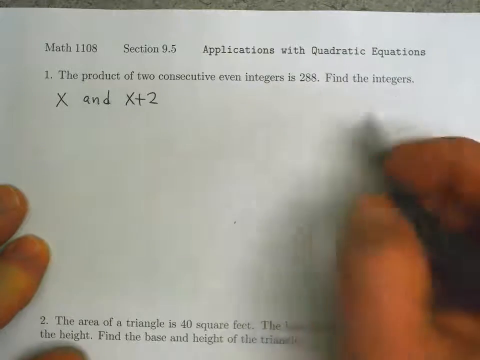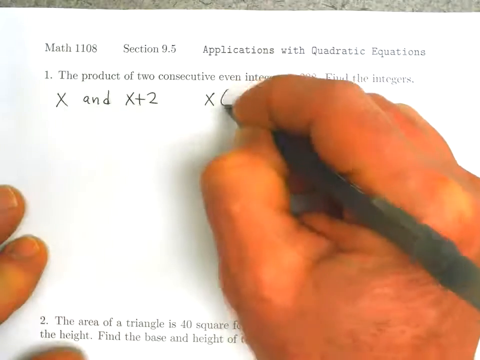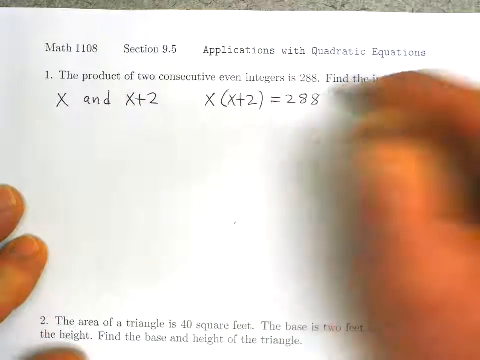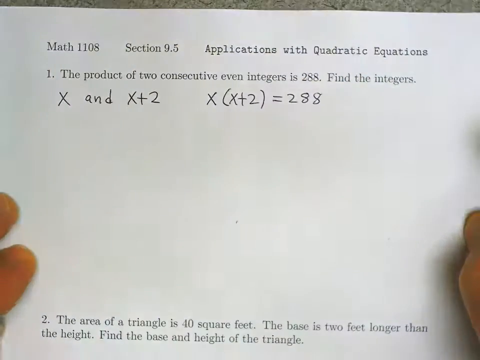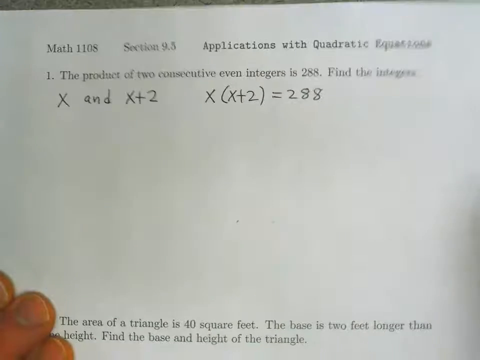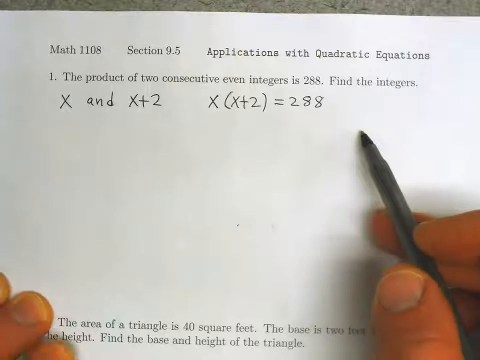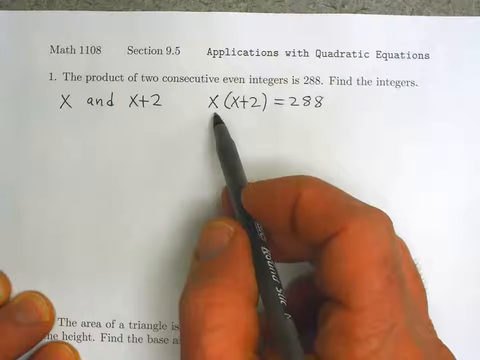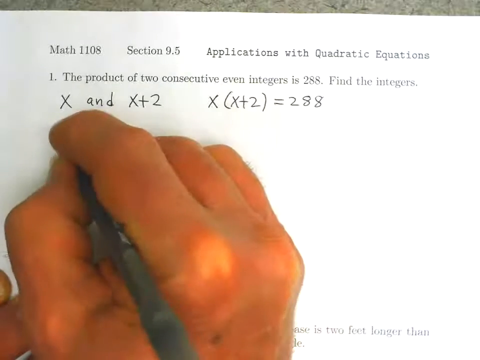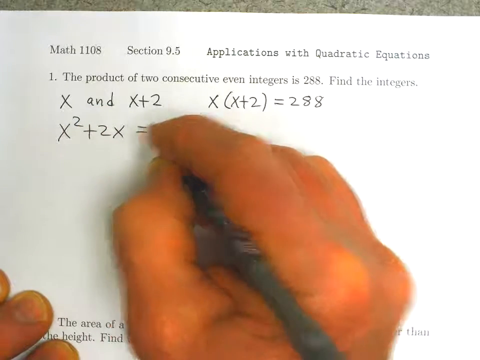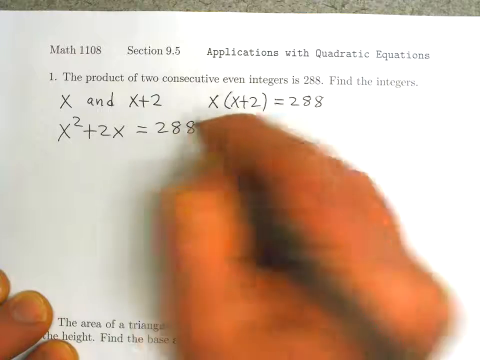And then we're told that the product, x times x plus 2, is 288. Okay, so this is just a quadratic equation. So if we multiply x times x plus 2, we get x squared plus 2x equals 288.